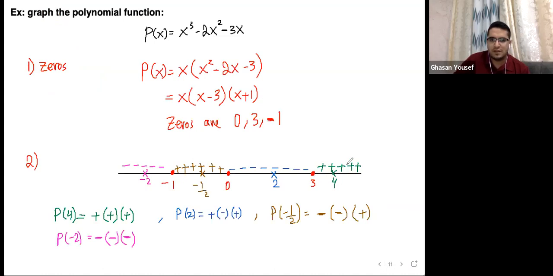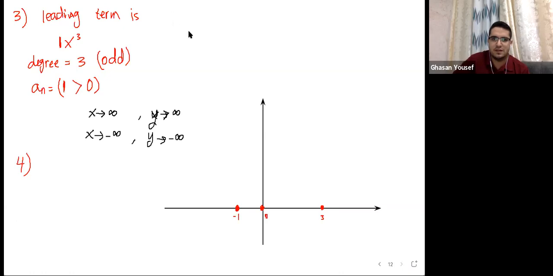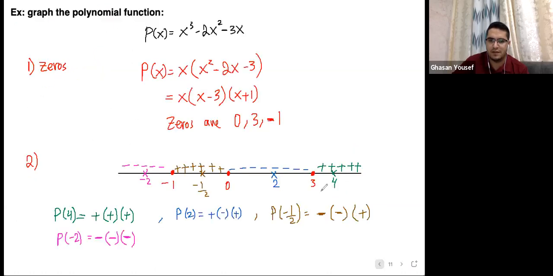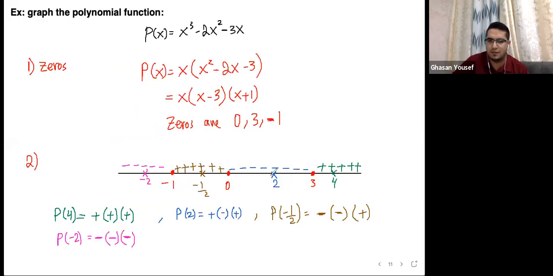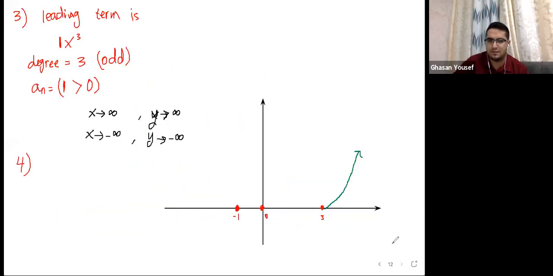So greater than 3 is positive, so it should be something like this, above the x-axis. Now between 0 and 3 it's negative, below the x-axis.